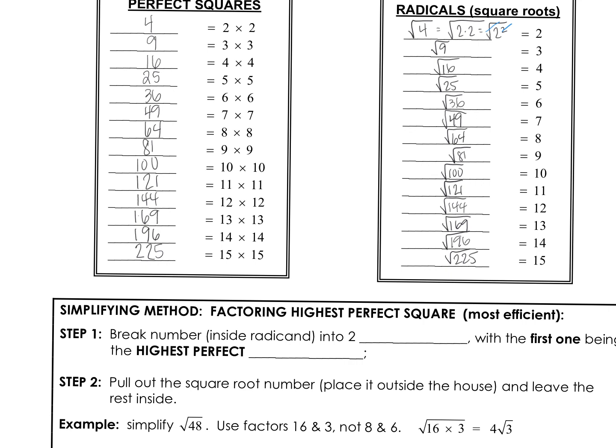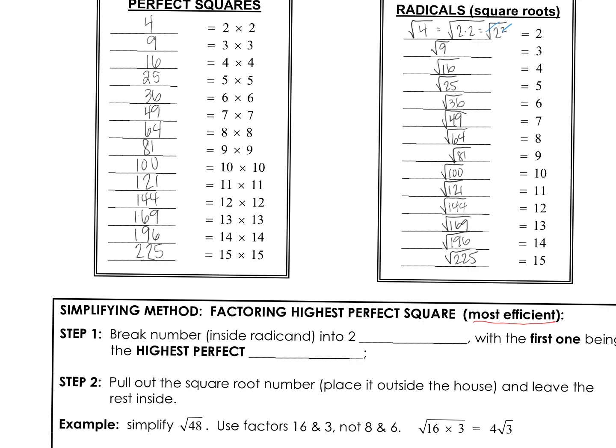Some bigger numbers are a little bit trickier to find the perfect square right off the bat, but we want to try. It's the most efficient way to do it, but when we do some examples today, you'll see that even I sometimes need to use other methods until I can see the perfect square.